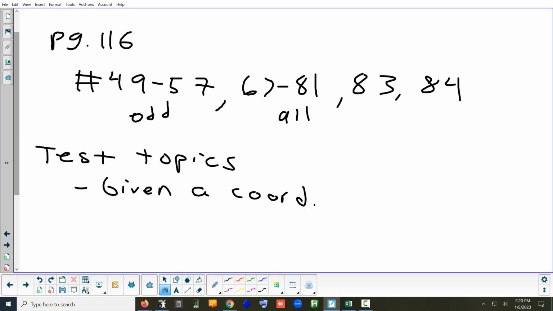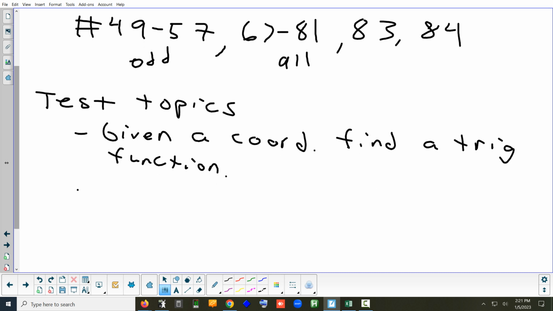You might have some problems where I give you a coordinate and then ask you to find a trig function. It's the very first type we started out with. I gave you a coordinate, you figured out the trig function. The next type is you have to find the coordinate yourself. That's most of what we've been practicing all week.